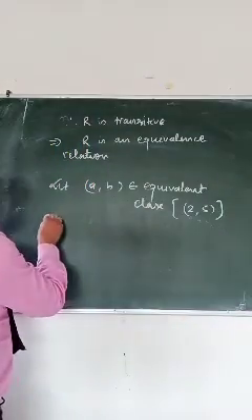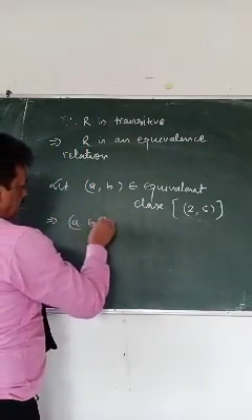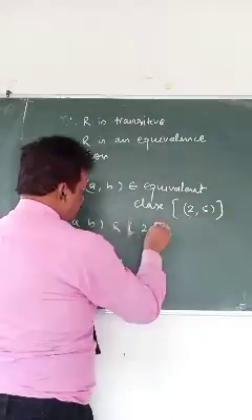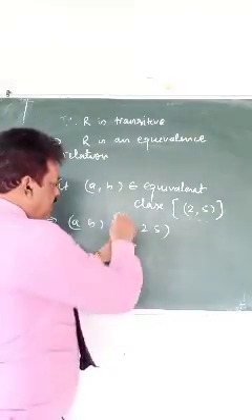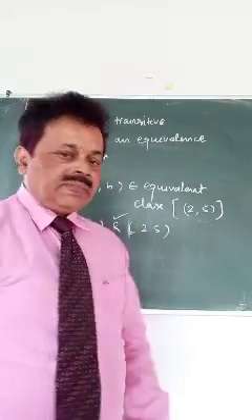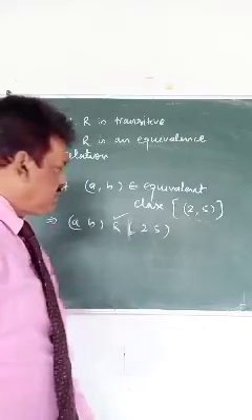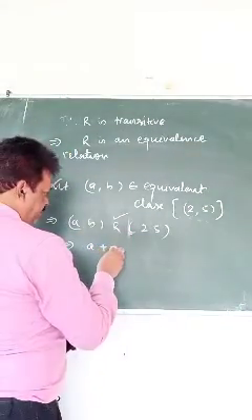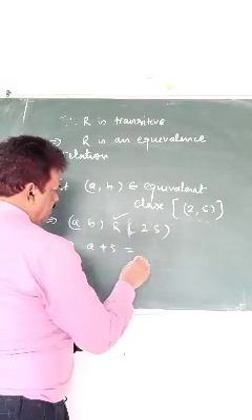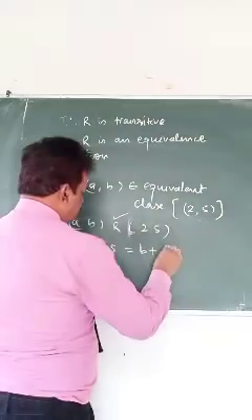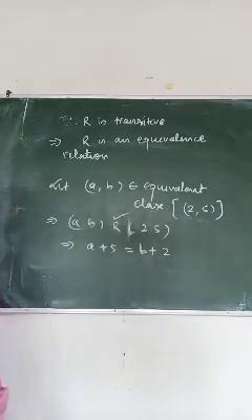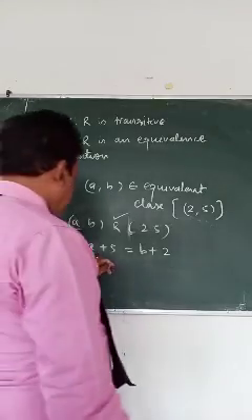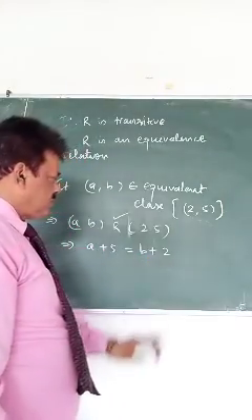So AB relates to 5. Okay, because it is already an equivalence relation, it will satisfy the definition. What is the definition here? Now first plus last. A plus 5 equals to B plus 2.